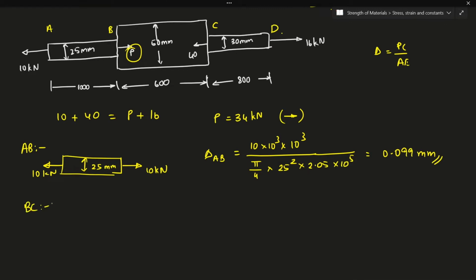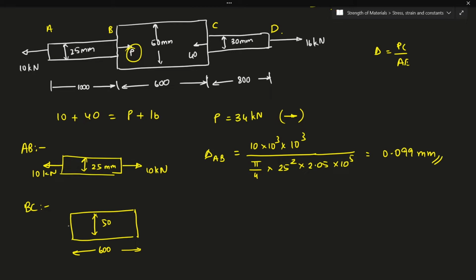So for the portion BC, if I write the free body diagram here, the diameter here is 50, the length is 600. Now coming back to the force. Here we have a compressive load: if I subtract, 10 minus 34 will be minus 24.